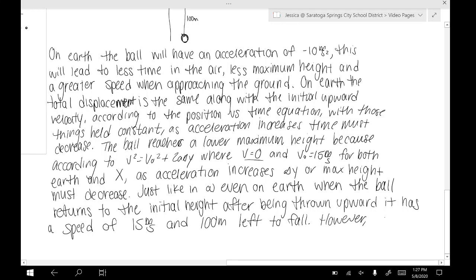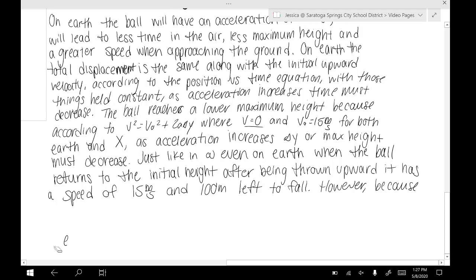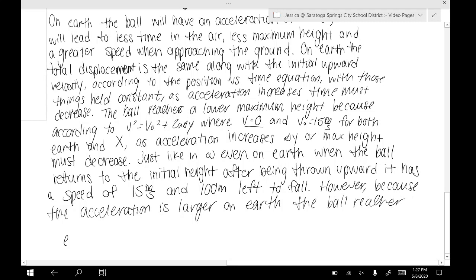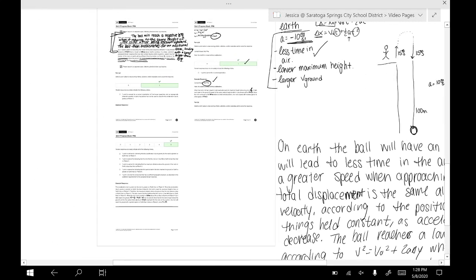However, because the acceleration is larger on Earth, the ball reaches a larger v ground than on planet X.